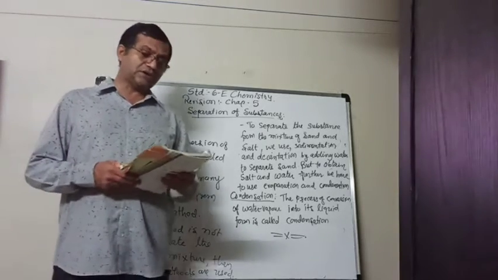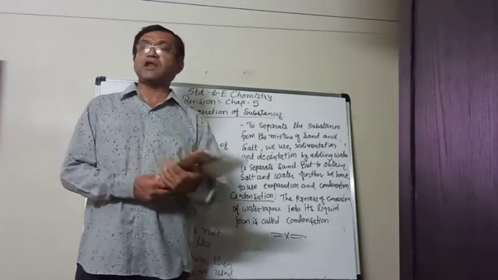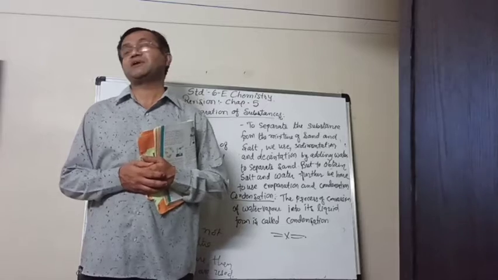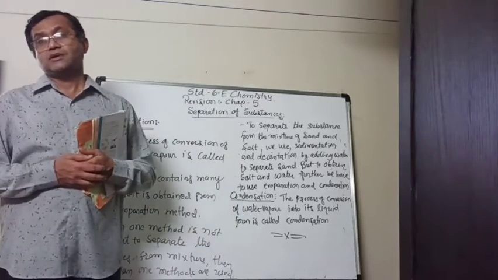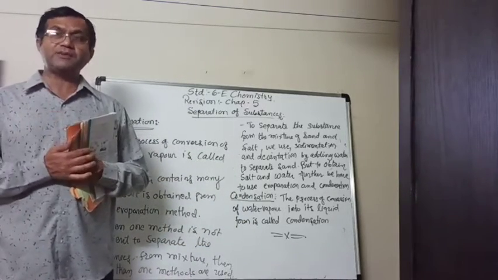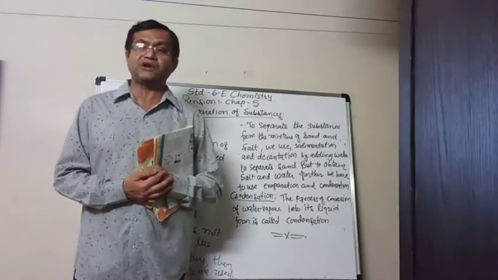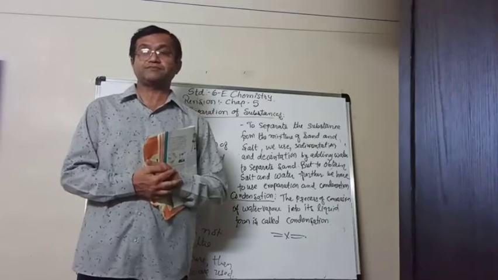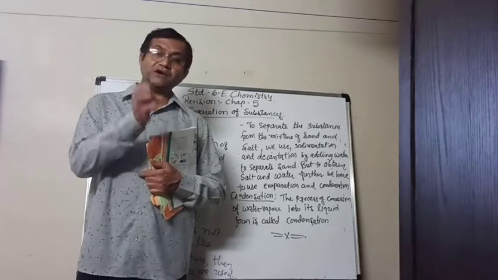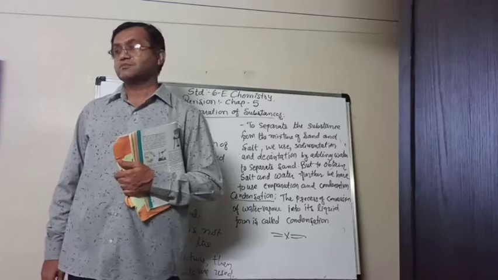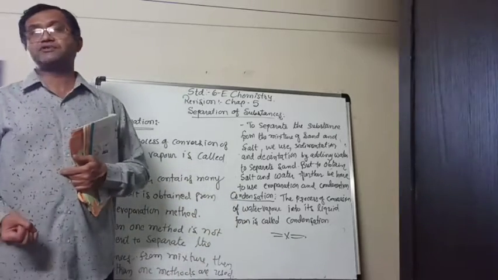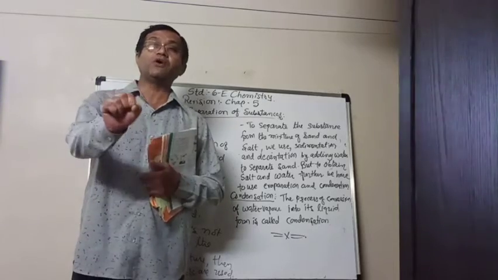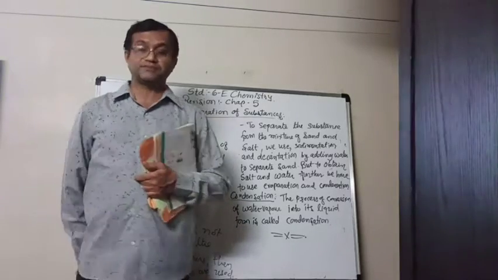For that we cannot use the method of evaporation alone, because if you use evaporation, you will be able to get the salt, but you won't be able to get the water back. So when we want both of them, we have to use evaporation and condensation, both methods together.